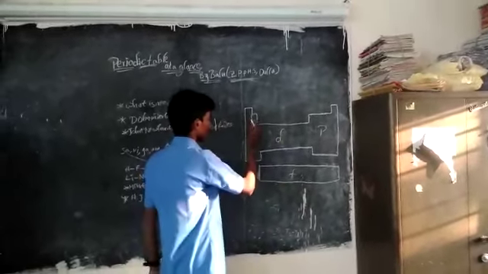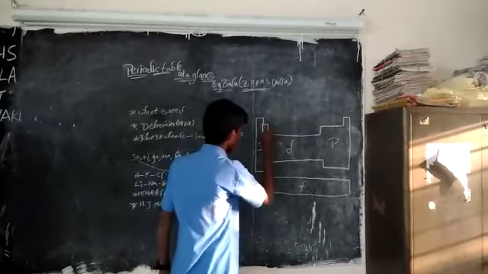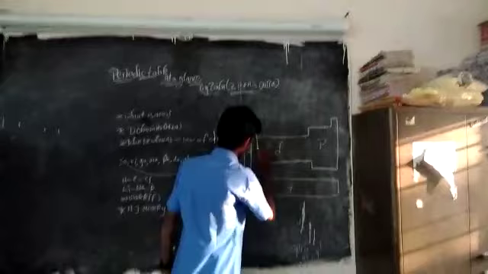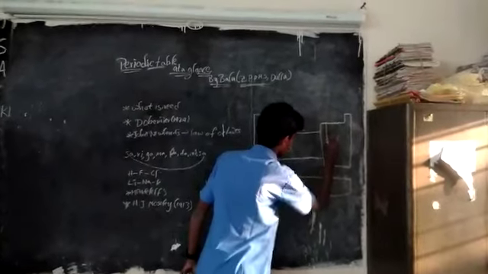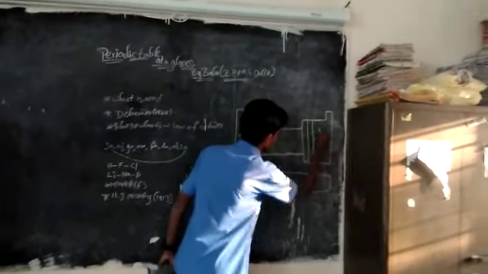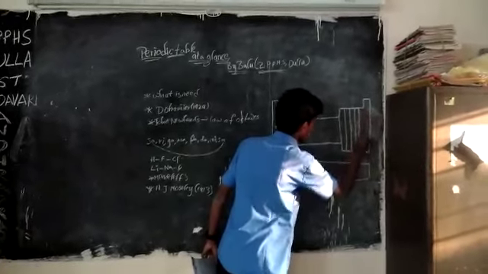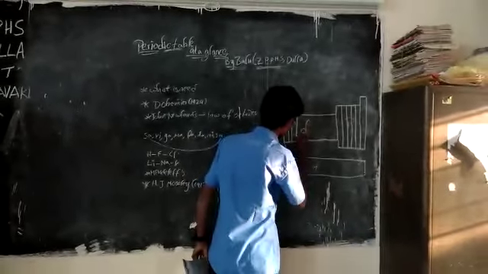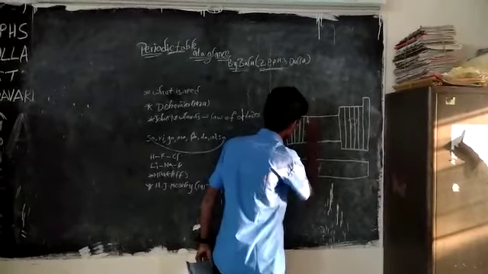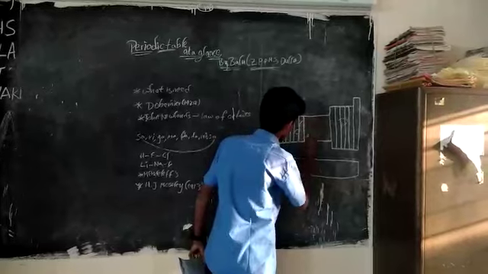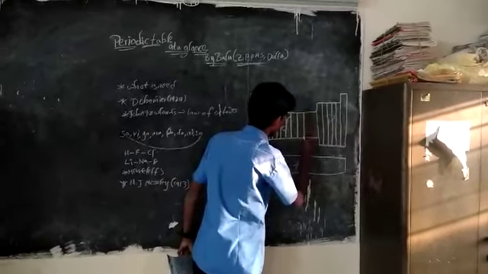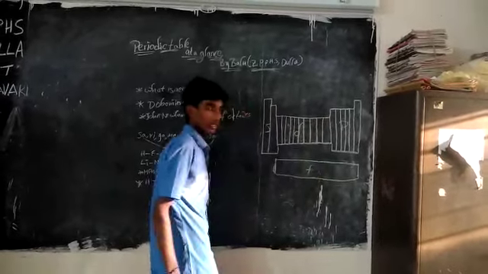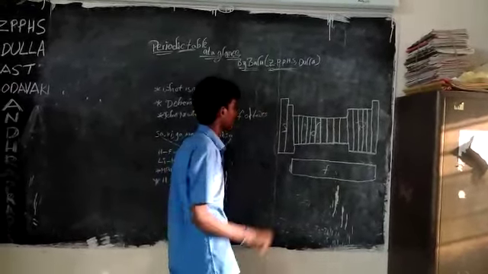The vertical lines are called groups. The S block contains 2 groups, the P block contains 6 groups, and the D block contains 10 groups. And the horizontal lines are called periods. It contains 7 periods.